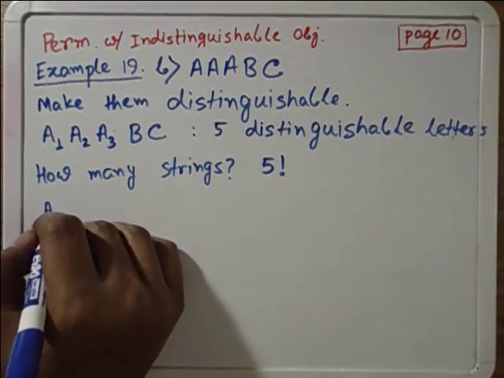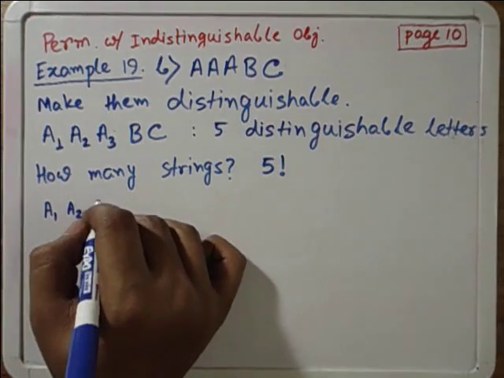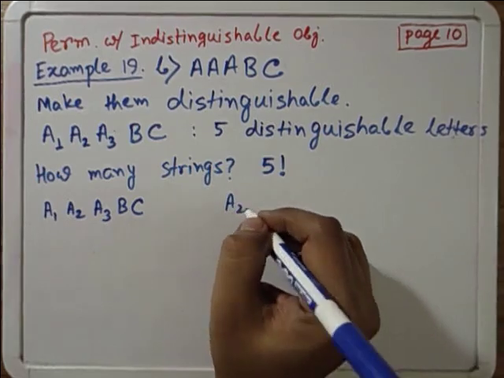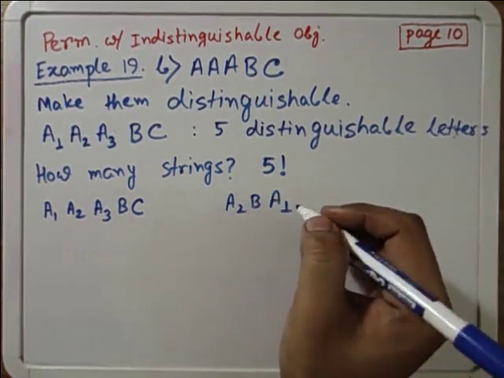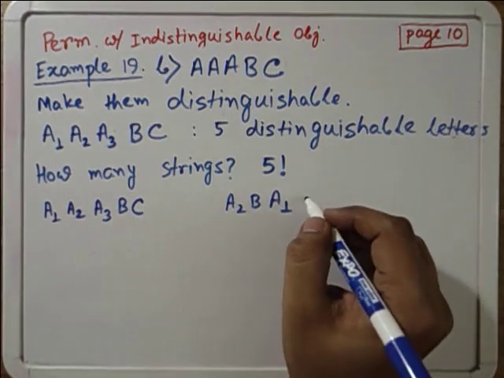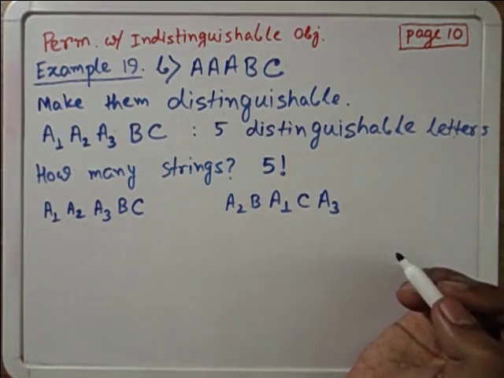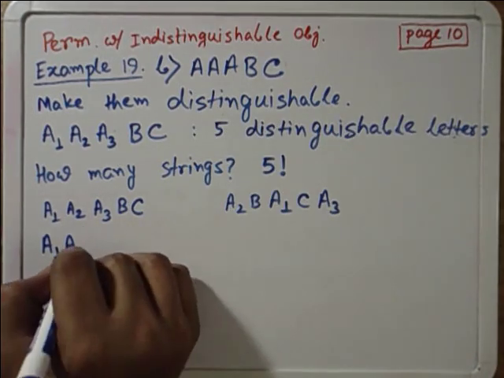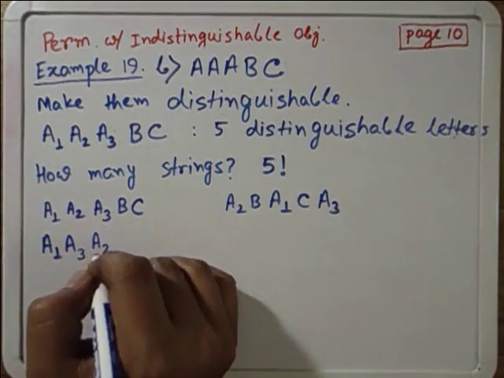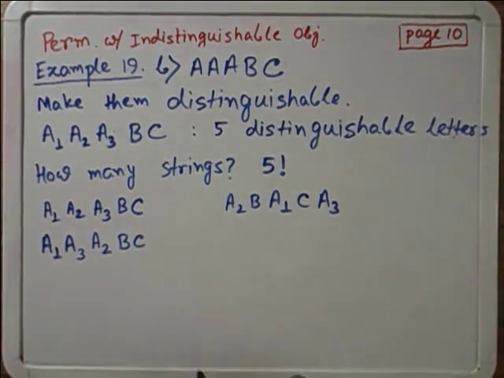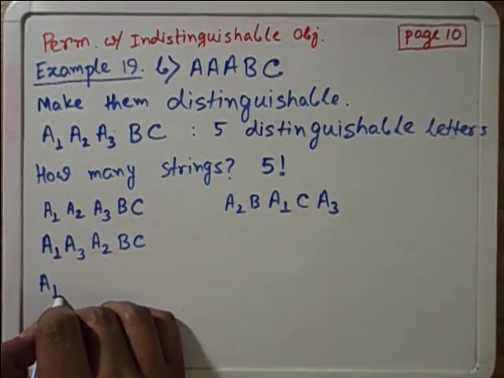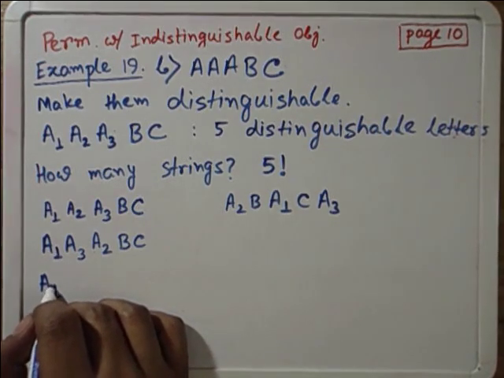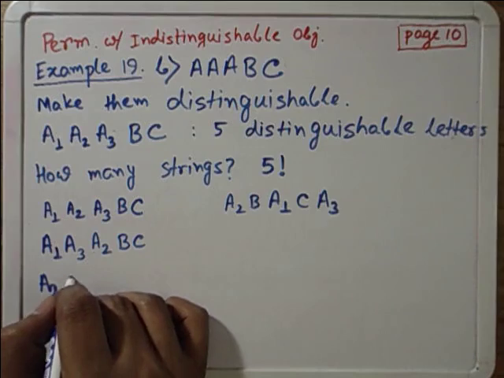Let's see. So you can have like this string or this string. This string is actually same as this string. Also same as this one.